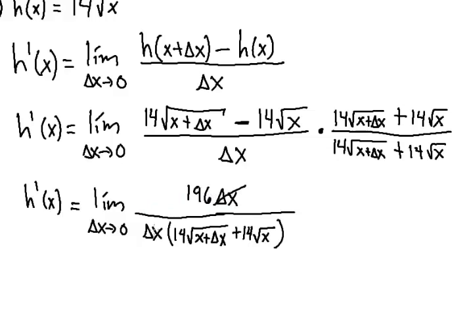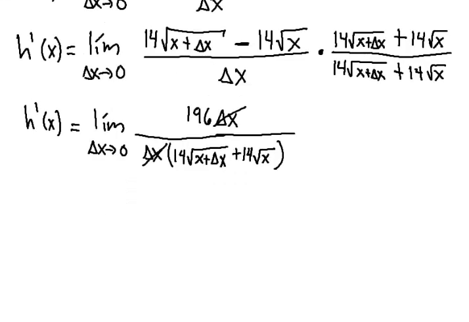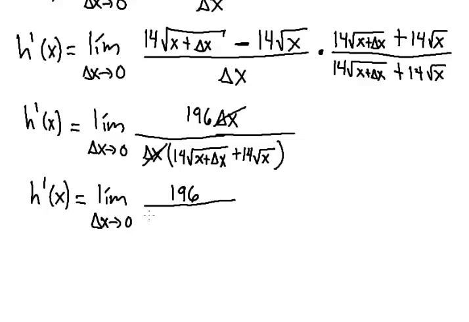So that means you can cancel it, which will leave us with the following answer. H prime of x, or derivative of h, will be the limit as delta x approaches 0 of 196 divided by 14 square root of x plus delta x plus 14 square root of x.